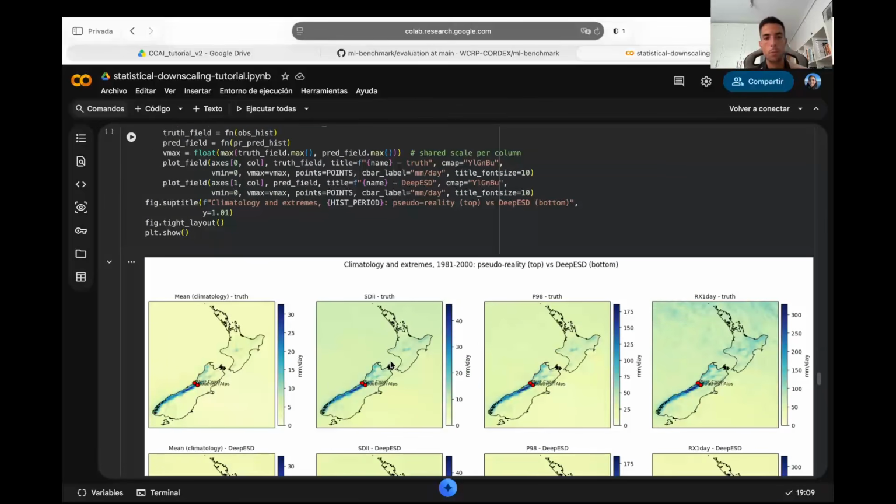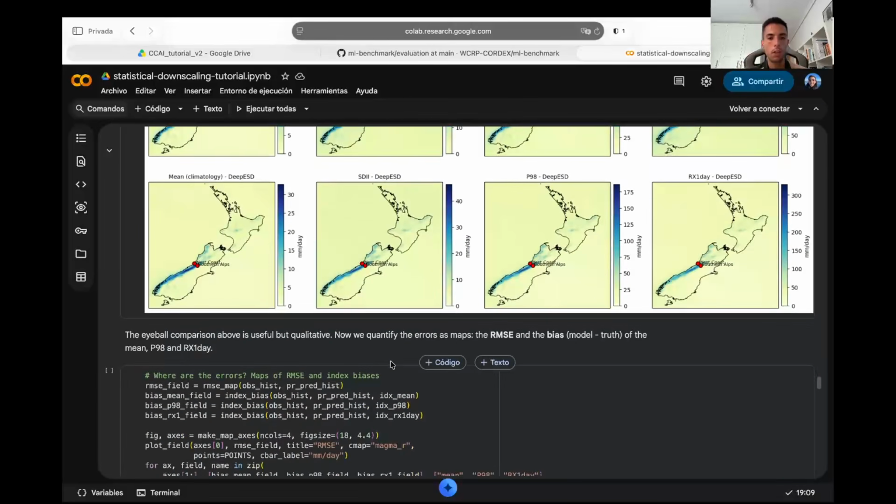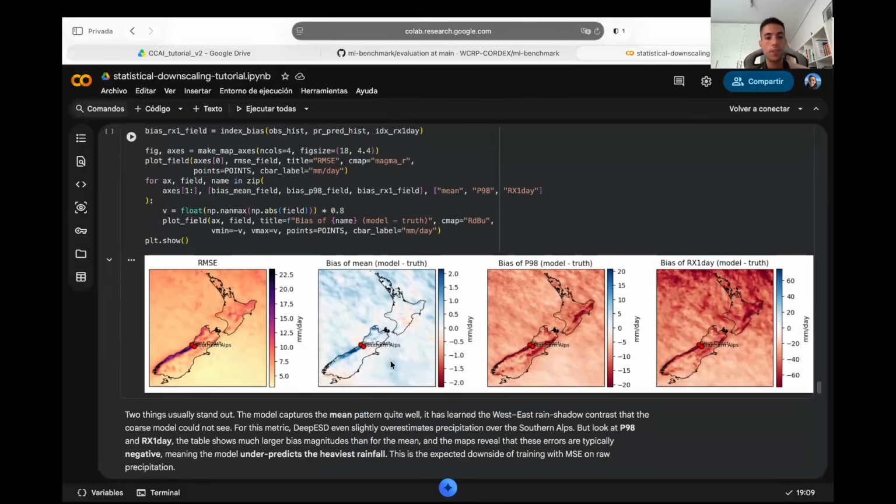Here you can see some other visualizations. For instance, here you can see again the same biases, the bias of the mean, the bias of the 98th percentile, and so on and so forth. But instead of a single value, we get the spatial details, so we get the bias for each point. And we can see how for the extremes, we are underestimating the extremes.